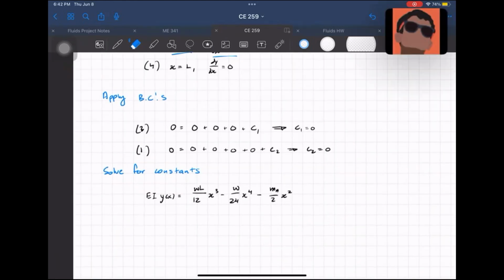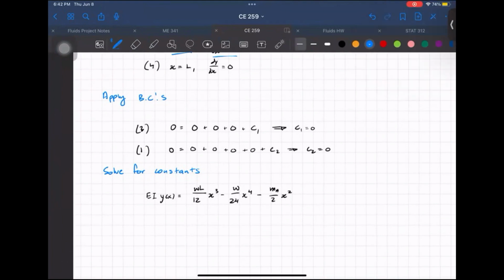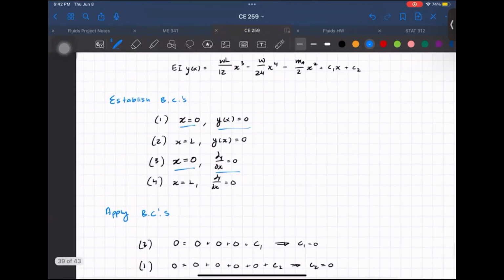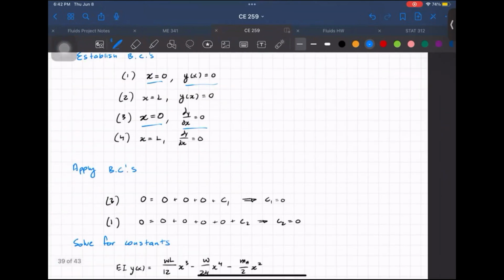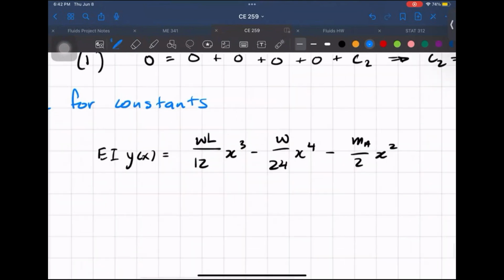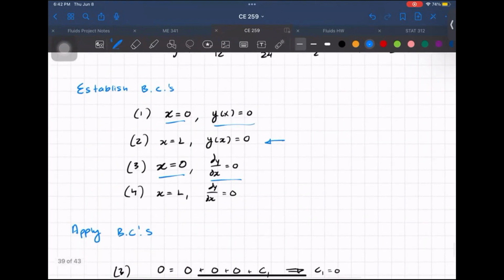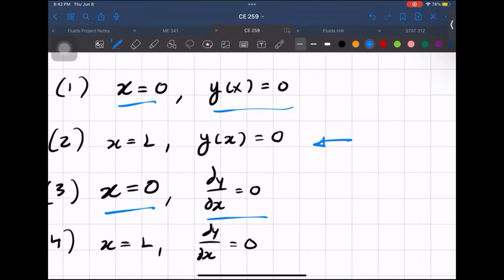We still have the other 2 boundary conditions that we didn't use. So let's use those. In this case, the only one that we can really apply is the second one, right here, because this expression that we have is y of x. And it's the only boundary condition that we have left that can apply.